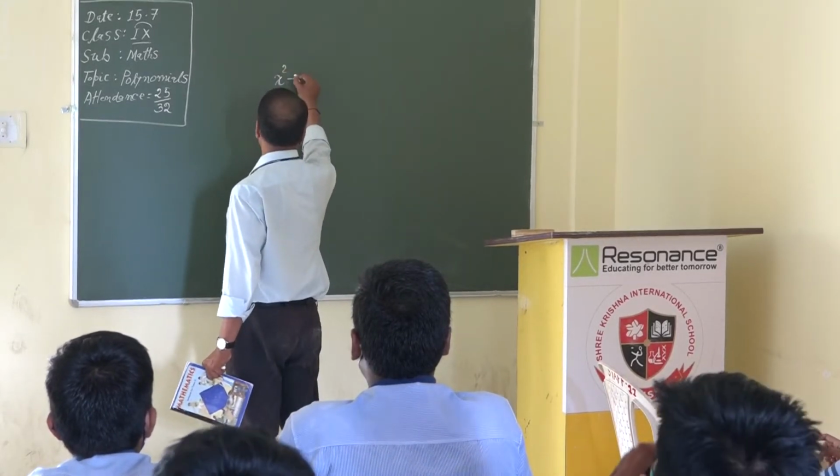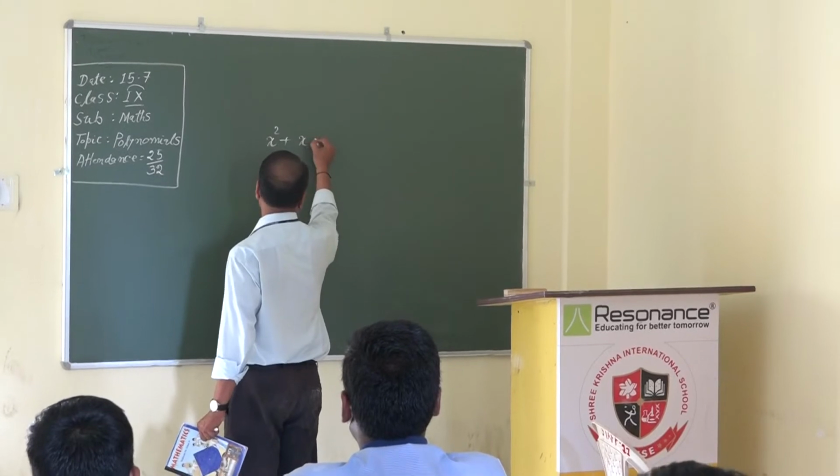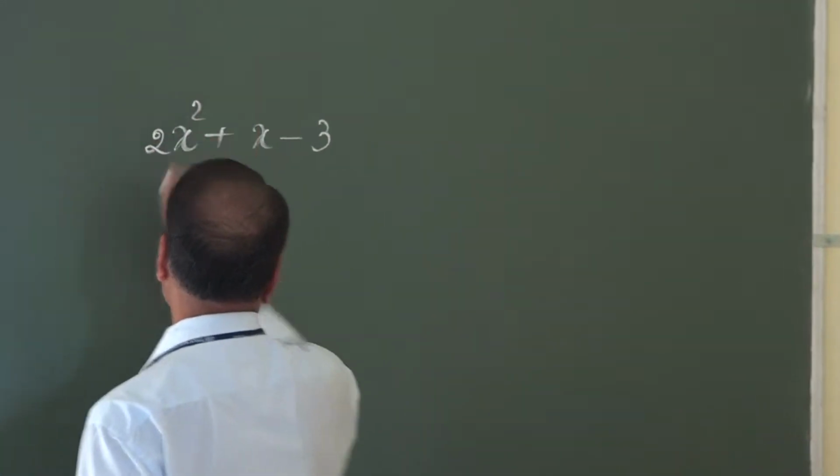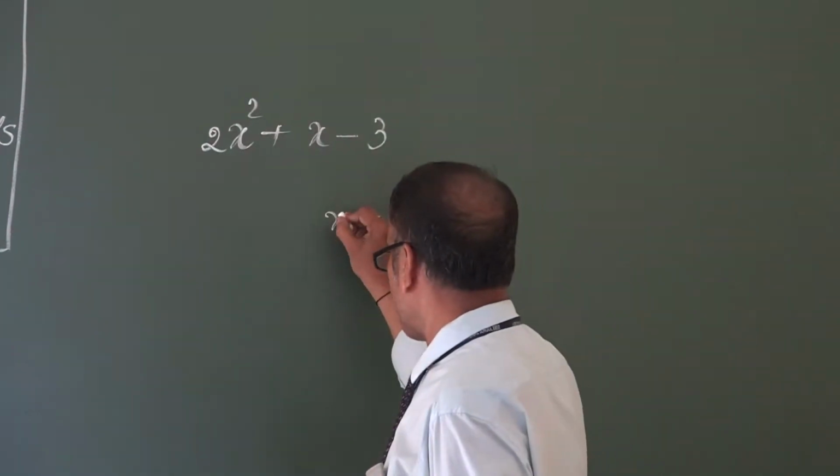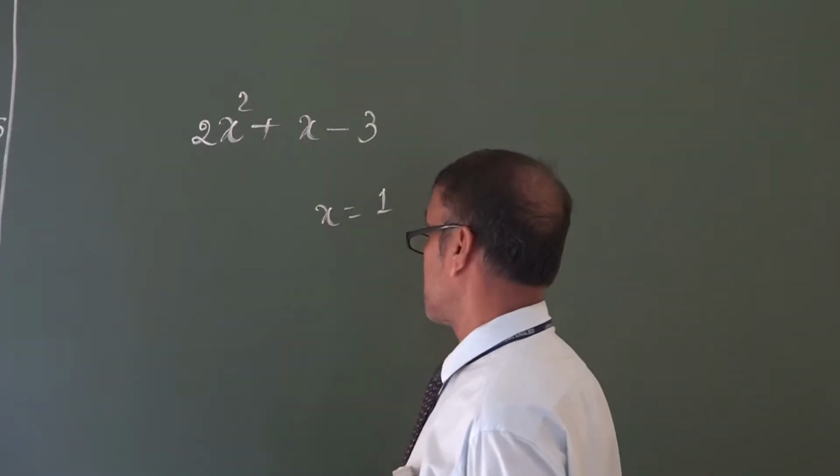For example, 2x square plus x minus 3. I suppose I took x is equal to 1.